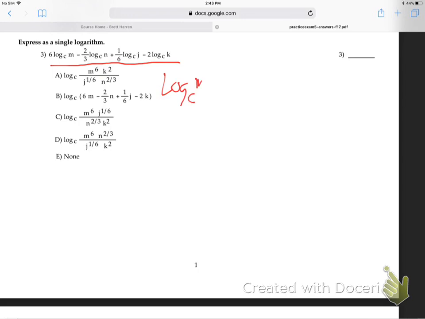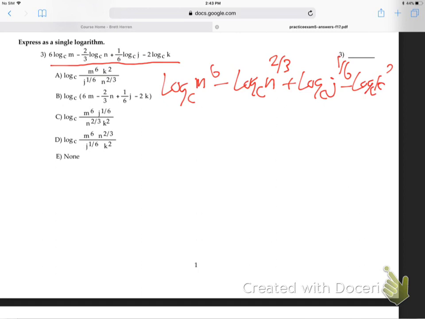Log base c of m to the 6th minus log base c of n to the 2/3 plus log base c of j to the 1/6 minus log base c of k to the 2nd. Good so far? I just took all those numbers that were in the fronts and stuck them in the powers.